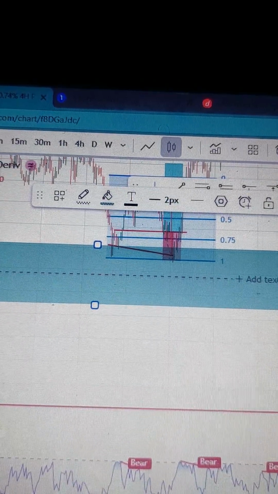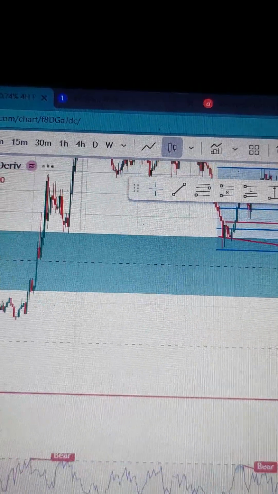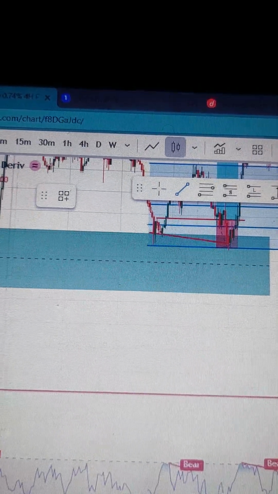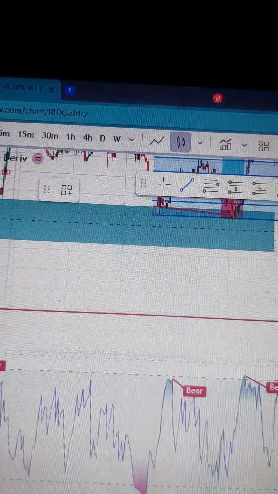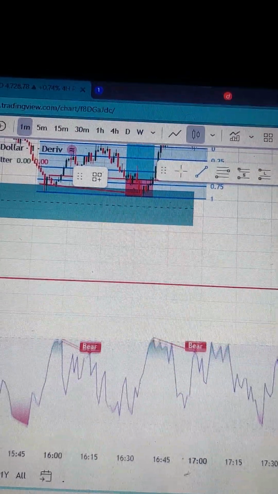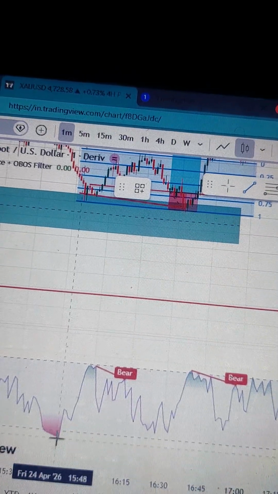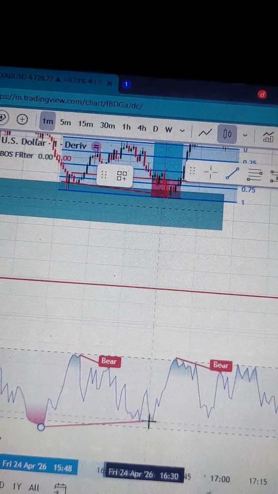That became my second entry. So let me show you the divergence, up to this point here.